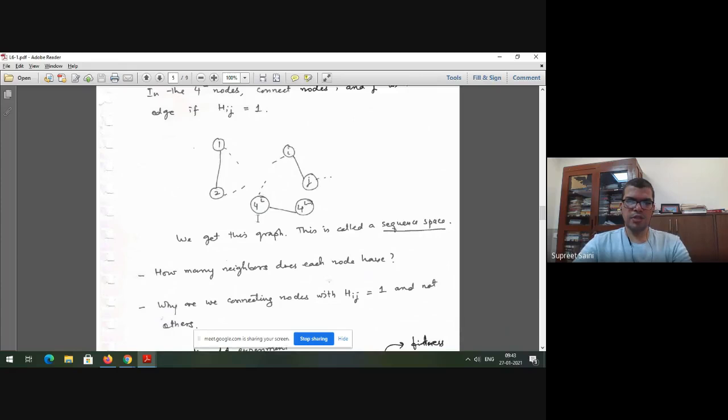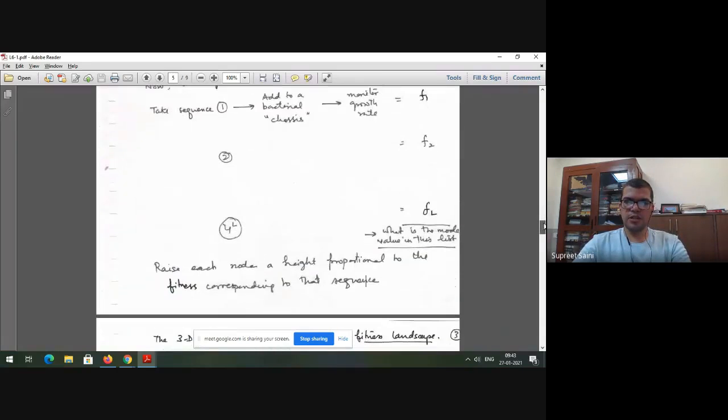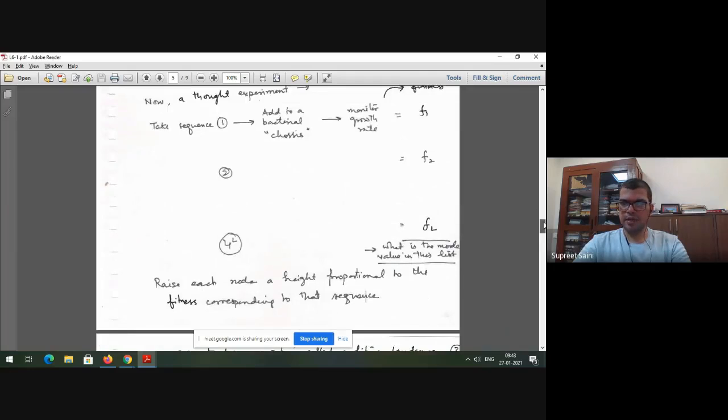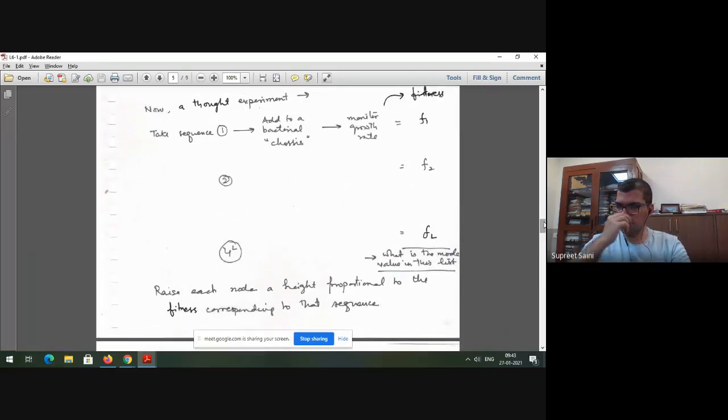So suppose the jth sequence is the fittest sequence, hence it will be raised the most, and it will be the highest node in the entire 3D space that we have. Such a structure is called a fitness landscape, and this was a concept proposed by the American geneticist Sewall Wright in a paper that he wrote in 1932.